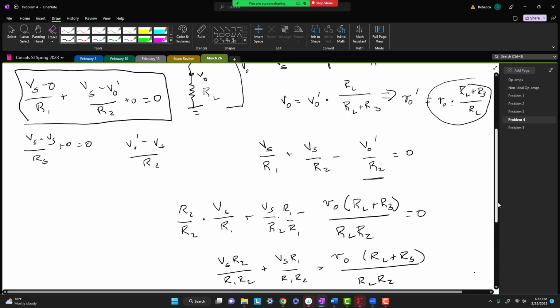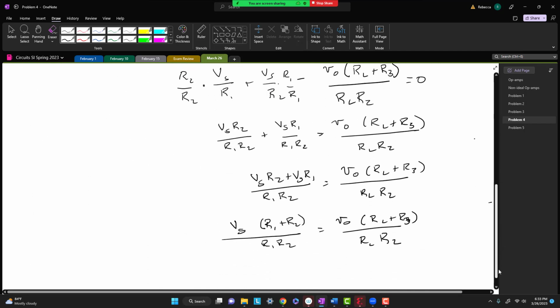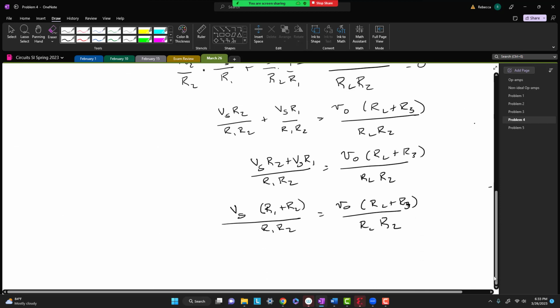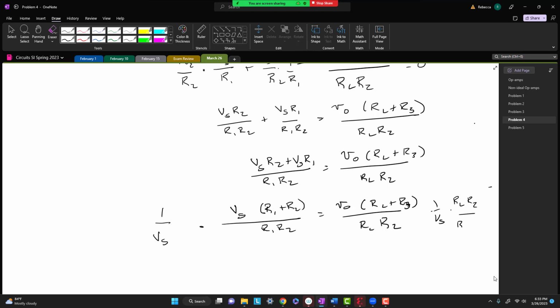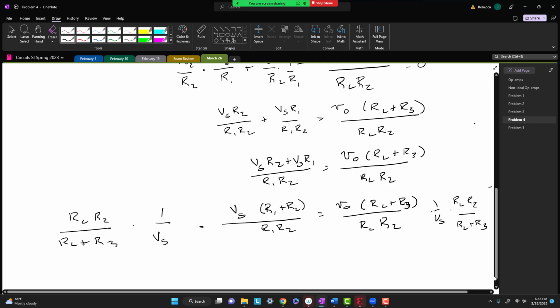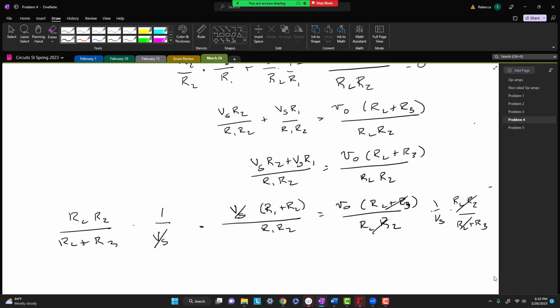And my problem asked me to find VO over VS. So multiply both sides by 1 over VS, and then also multiply both sides by RL R2 over RL plus R3. The VS's cancel. That cancels, that cancels, that cancels, that cancels.